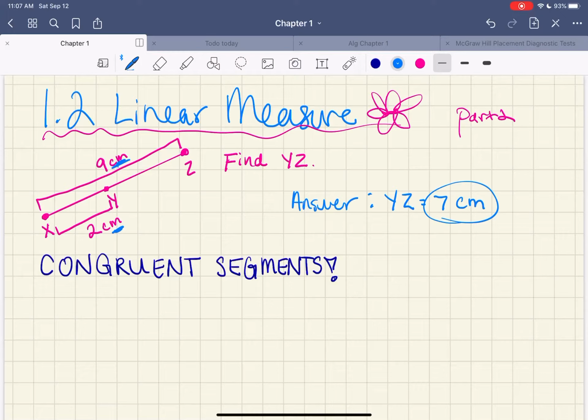Awesome. Now let's move on to congruent segments. You have probably heard the word congruent before. Back up a little bit. Congruent segments, specifically, have the same length.